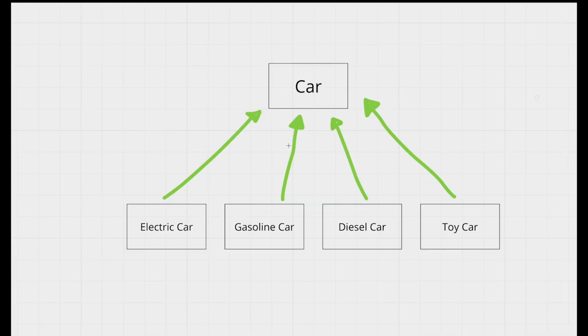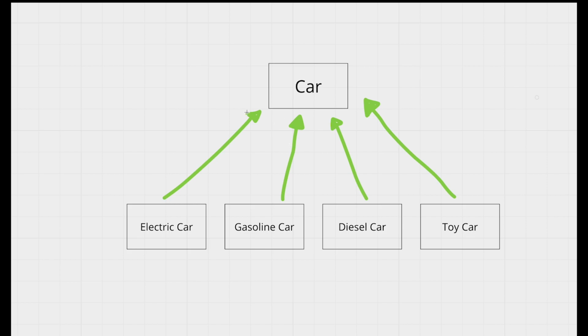So now, when is inheritance good and when is inheritance bad? Let's say that you are creating a class and there's a high chance that you don't end up instantiating that class. You don't end up calling new Car. You should not use inheritance for code reuse in that manner.